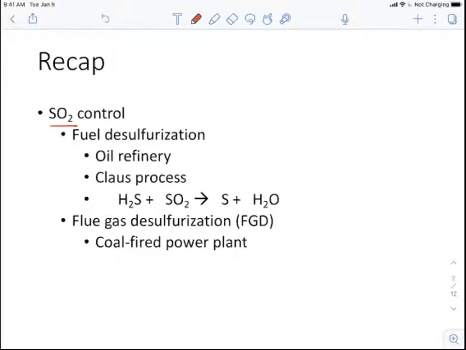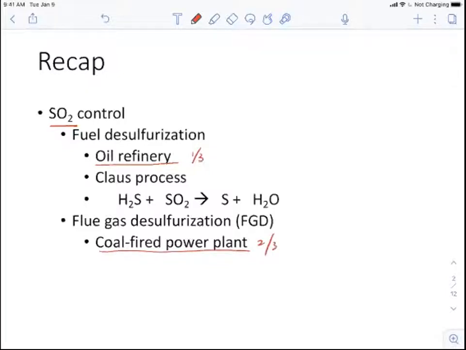There are 2 major sources of sulfur dioxide: one is the oil refinery and the other is coal-fired power plants. The oil refinery occupies 1/3, and the coal-fired power plants occupy 2/3.